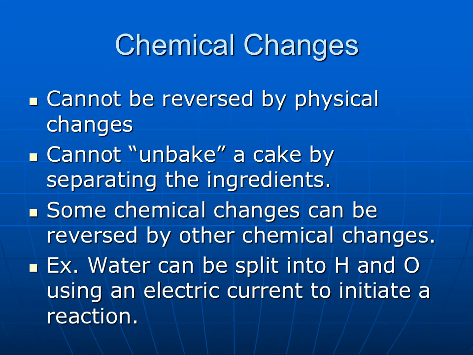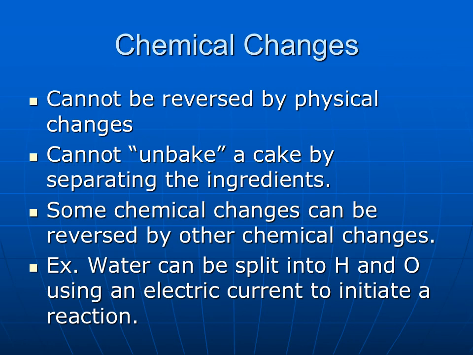Chemical changes cannot be reversed by physical changes. So you cannot unbake a cake by separating the ingredients. However, there are very few instances when you can reverse a chemical change, and they're not done easily. One example that I'm going to give is water. Water is H2O.